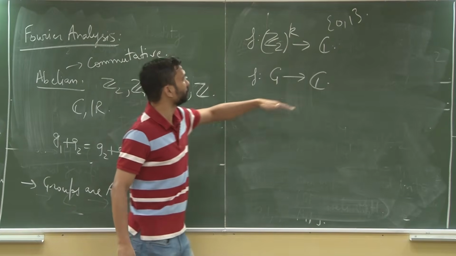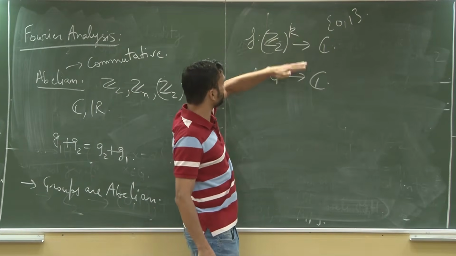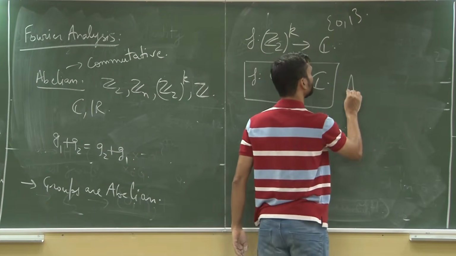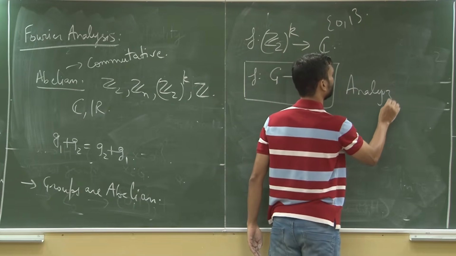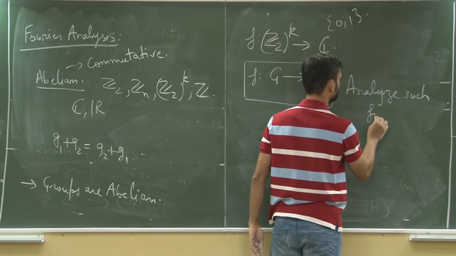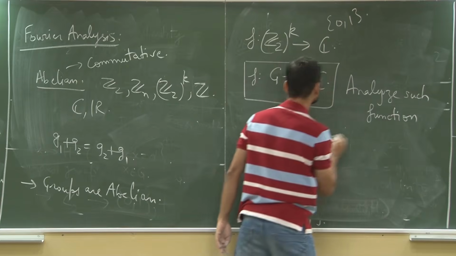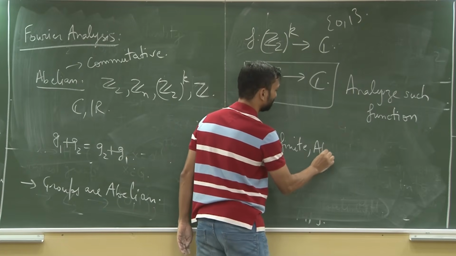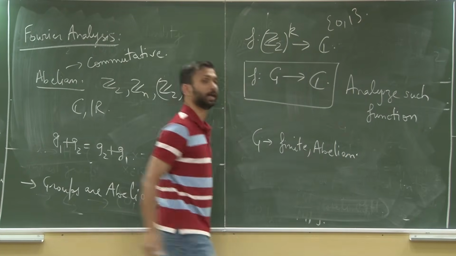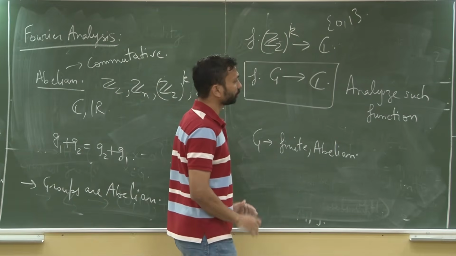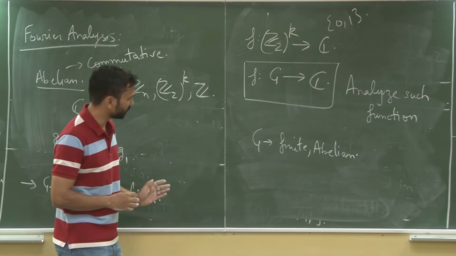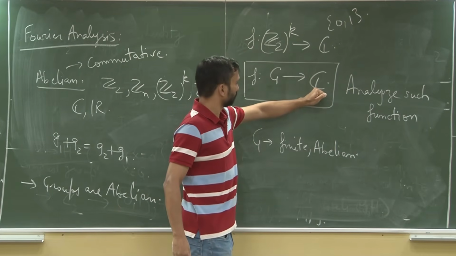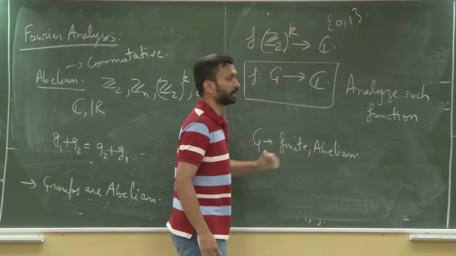For Simon's, this would be some finite set, which was simple, but in generality, we are interested in analyzing such functions, where G is finite and abelian. This is what we want to do in the remainder of the lecture. We want to analyze functions which go from a group to numbers where the group is finite and abelian.